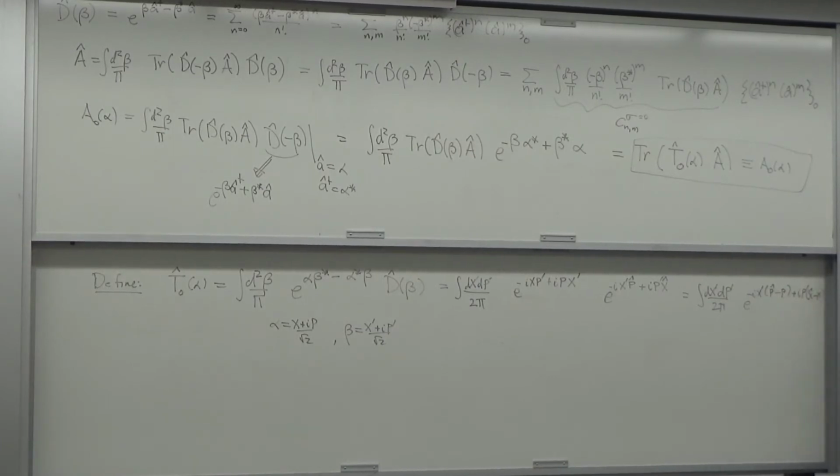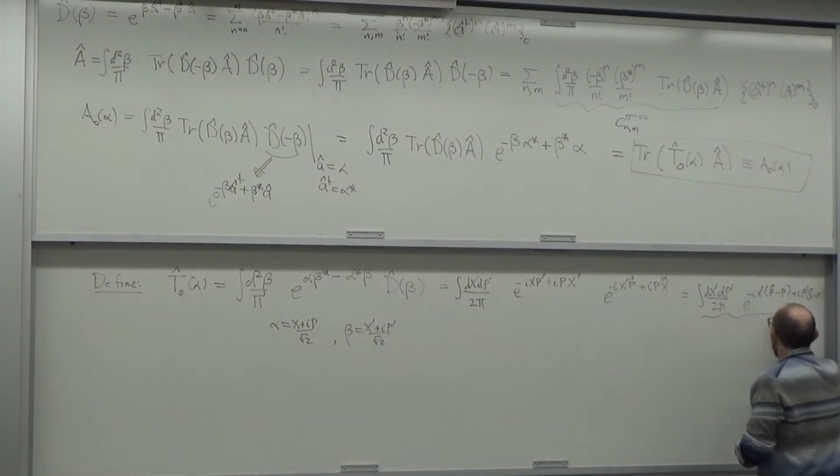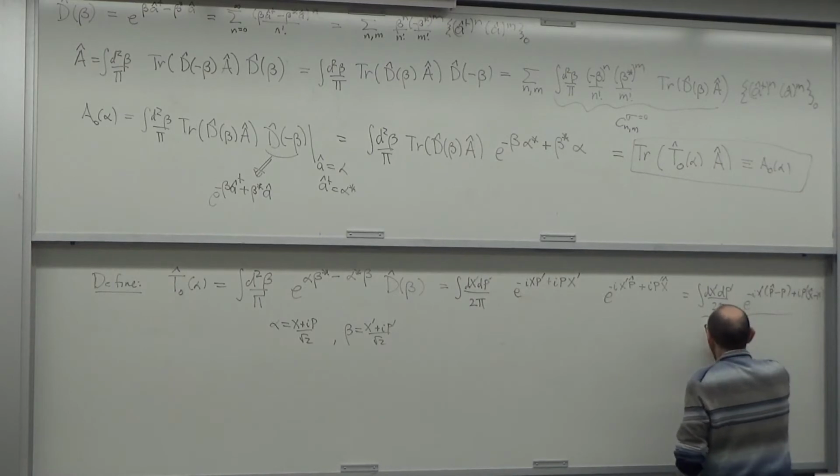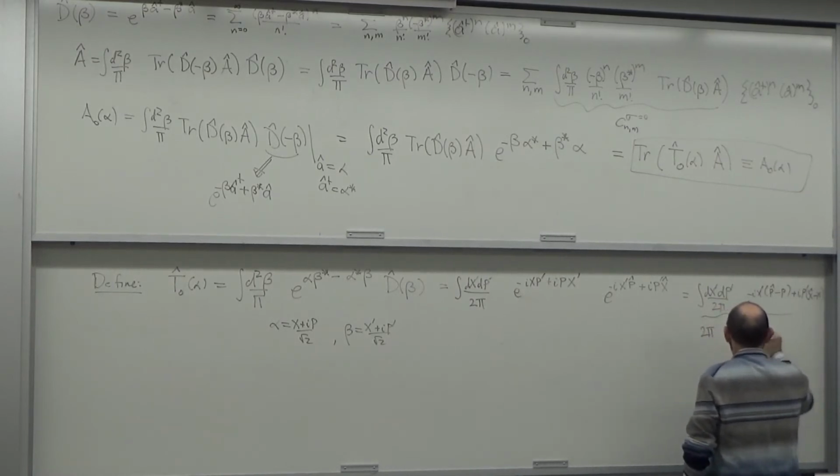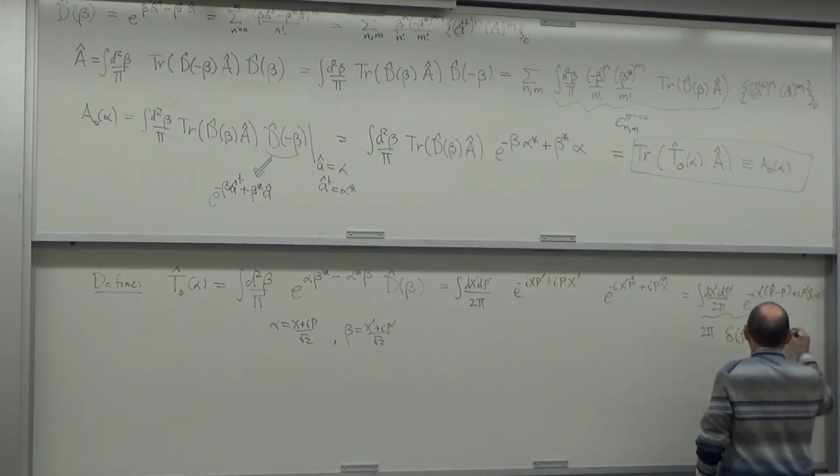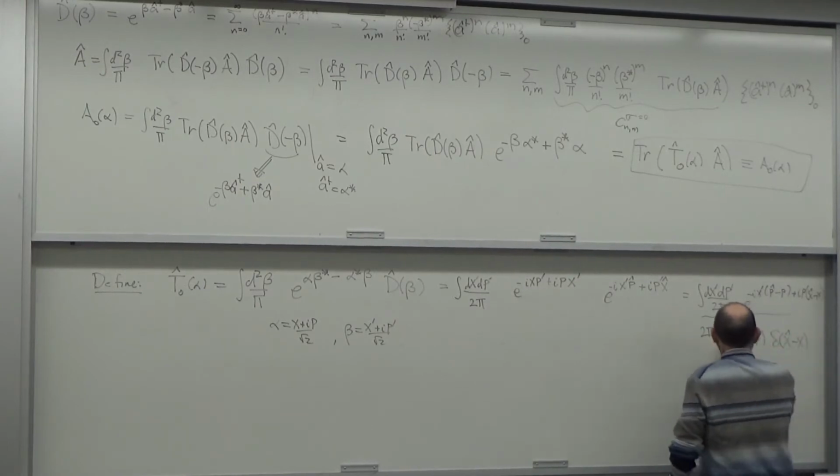What would this integral be? A delta function. That's what this is. So this thing is equal to 2 pi times a delta function, p minus p, x minus x, symmetrically ordered.